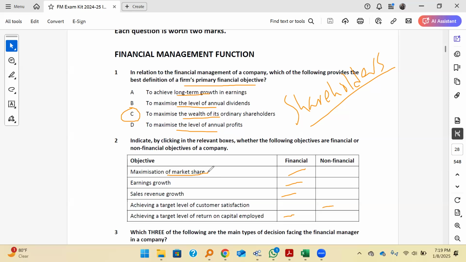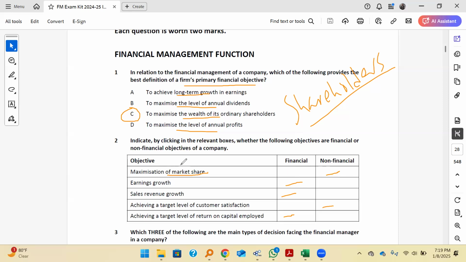So although this translates to a financial metric, in its own right it is not a financial objective. I don't know if that is very clear. I put it there, but it's not a financial objective because it's just telling you how many customers you have.